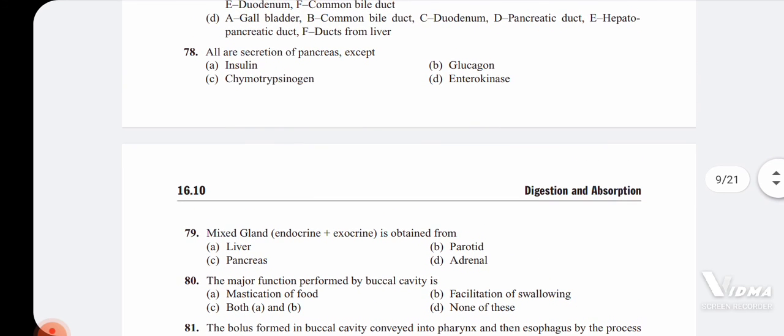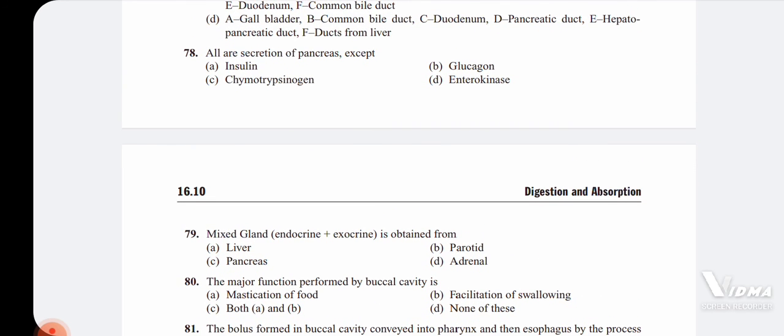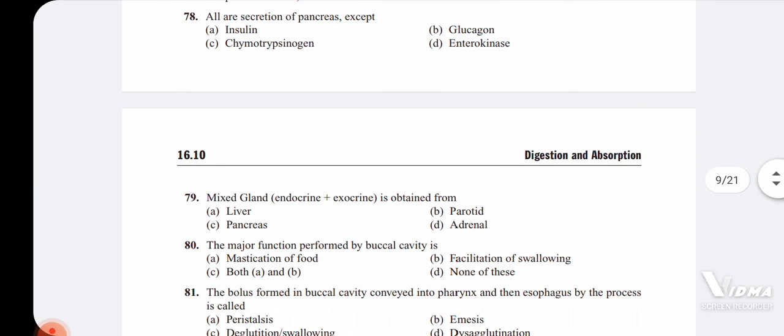Next, 80th question, the major function performed by buccal cavity is. The buccal cavity is going to help in the mastication of food. Once the food particles are converted into smaller pieces, those small pieces get adhered together and form the bolus, and that bolus is going to enter from your buccal cavity to the pharynx and from pharynx to the esophagus.